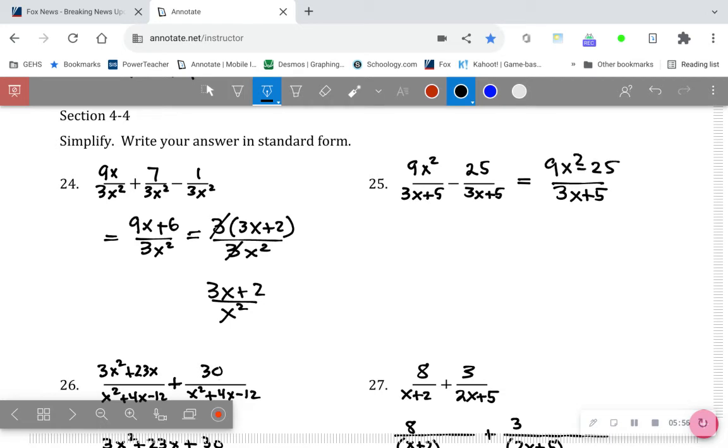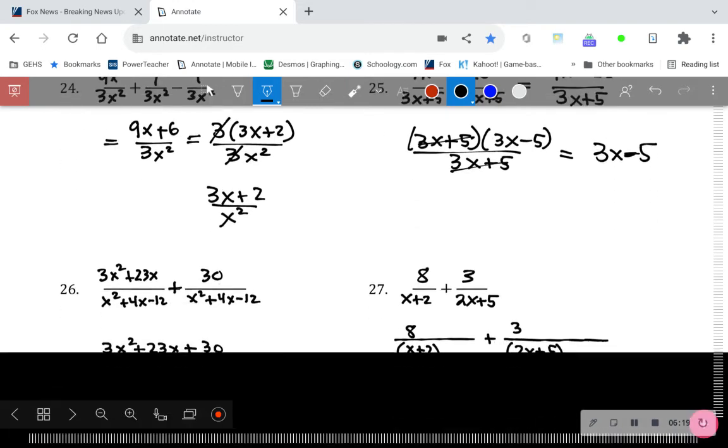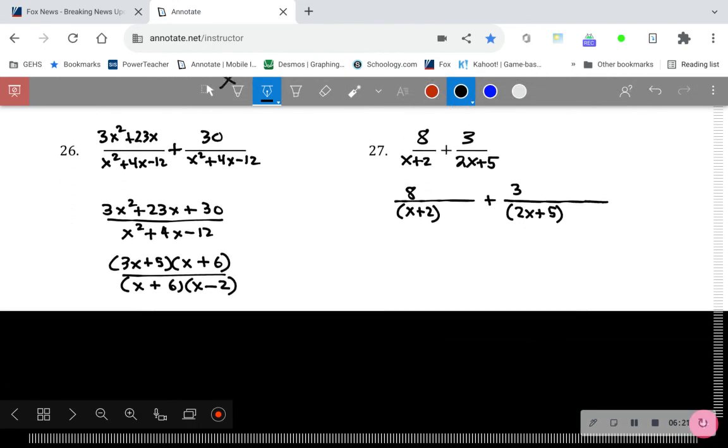So the top, 9x squared minus 25, it factors like this. And hopefully you can see those cancel out, so your answer is 3x minus 5. My stylus is acting up a little bit.